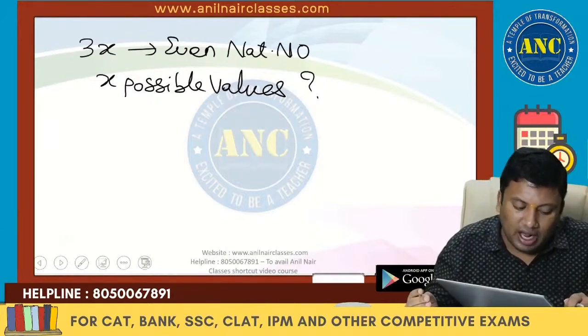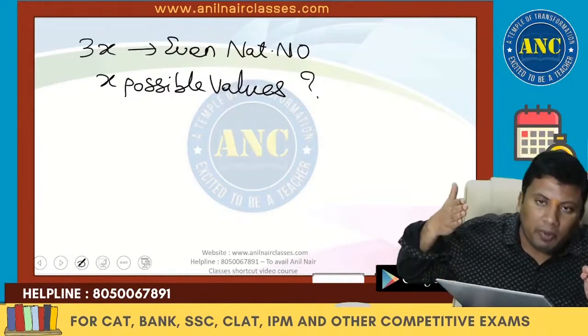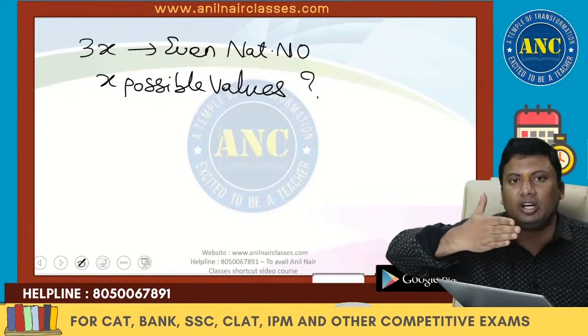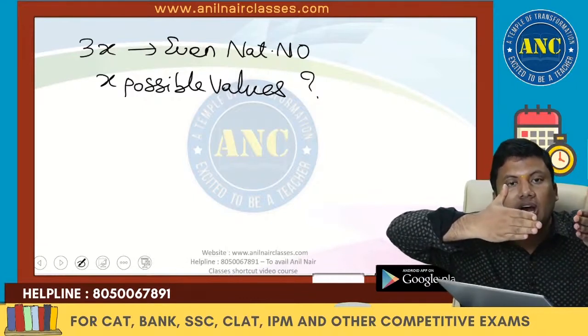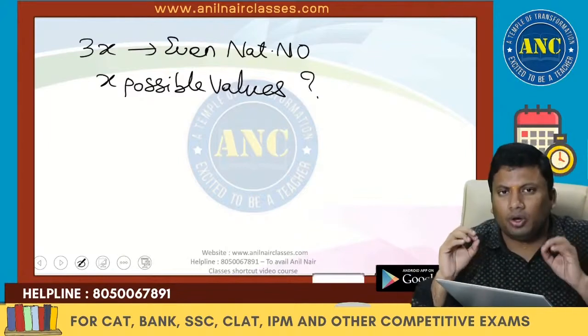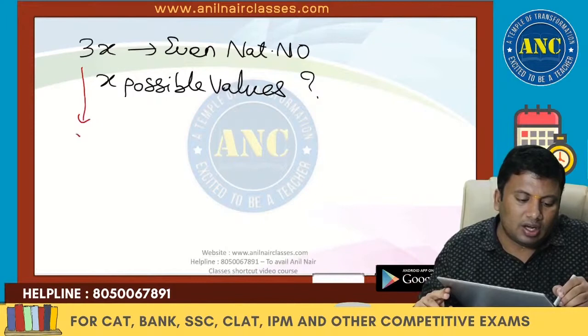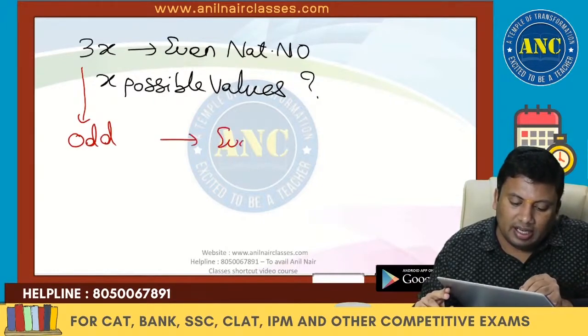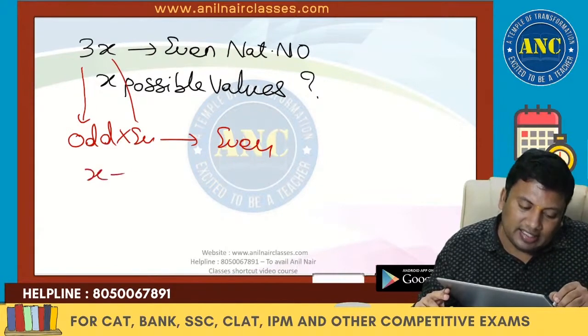I should definitely blame the teachers who made you think in this direction, or probably you did not find anybody who can ask you to look at it from a different direction. Most of you thought: 3 is an odd number, x we don't know, the answer is an even number, so x is an even number.